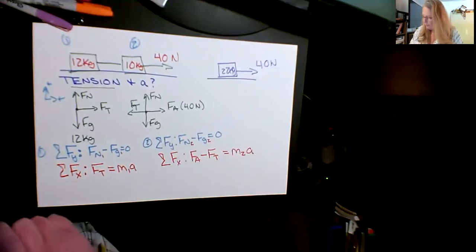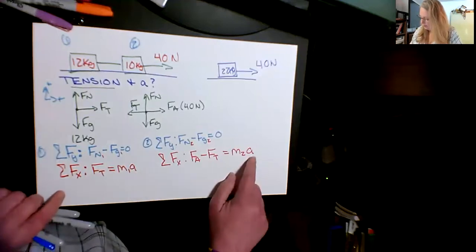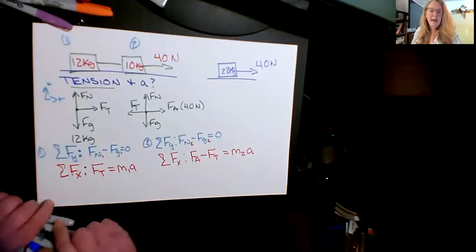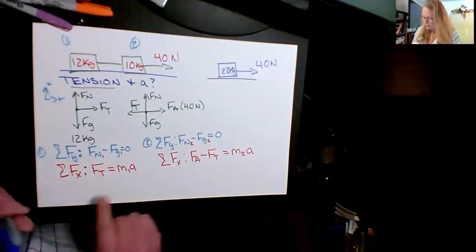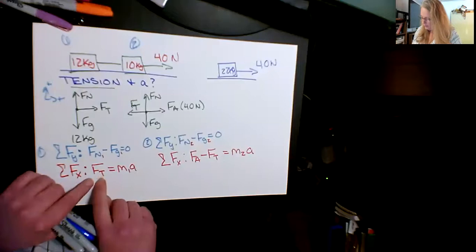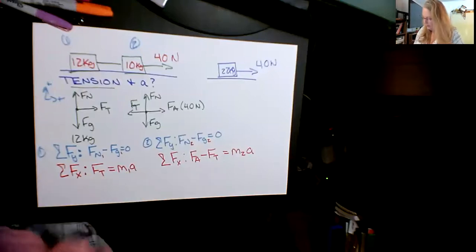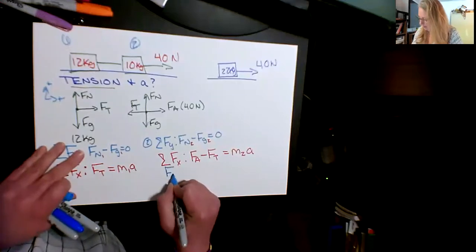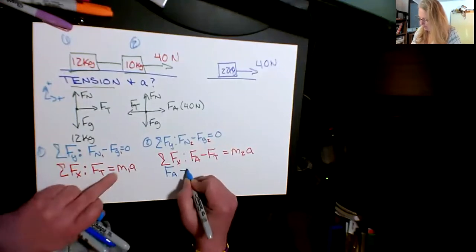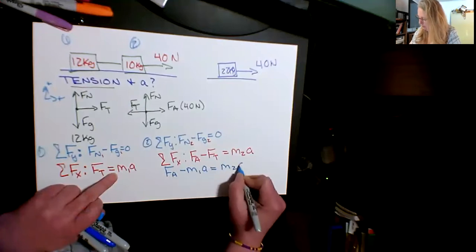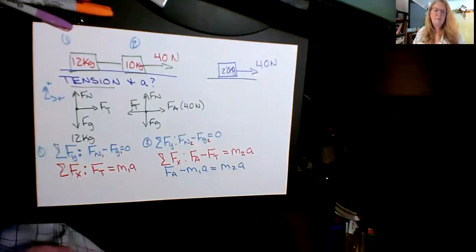So we've decided for ourselves that the acceleration is the same and the tension is the same. So one option that we have here is to do a substitution. I can take this force of tension and put it in for that force of tension. So that gives me the force applied minus mass 1 times acceleration equals mass 2 times acceleration.